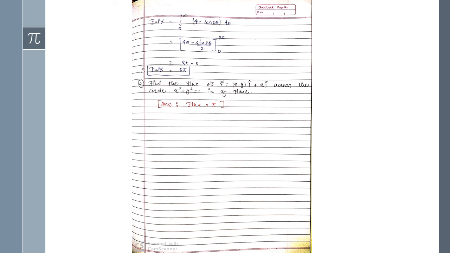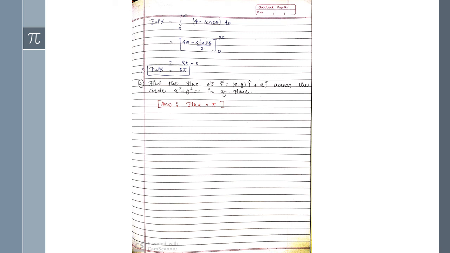And here I have given the fourth example of the flux: find the flux of f bar equals (x minus y)i plus xj across the circle x square plus y square equals 1 in the xy plane.